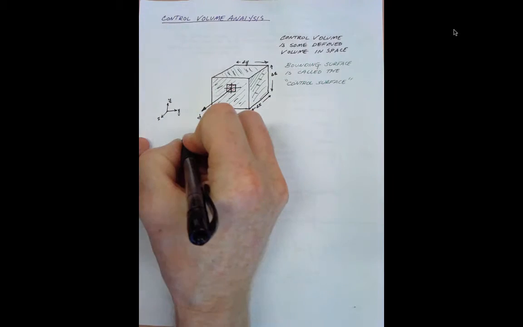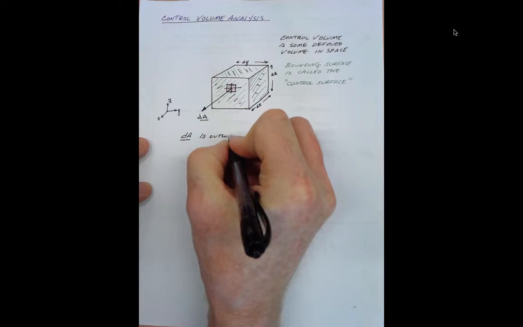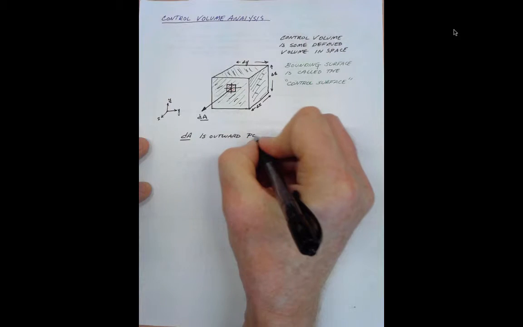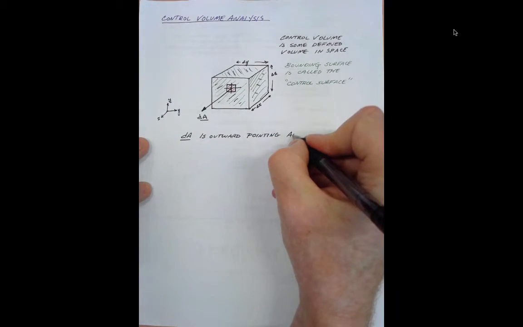Okay, so dA, we've already said, is the outward pointing area vector.